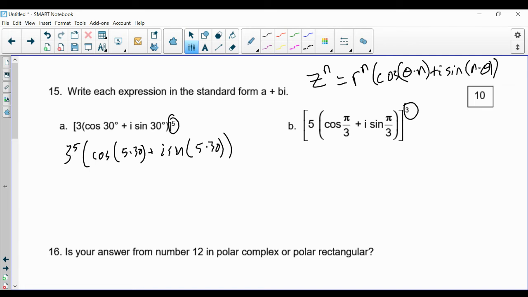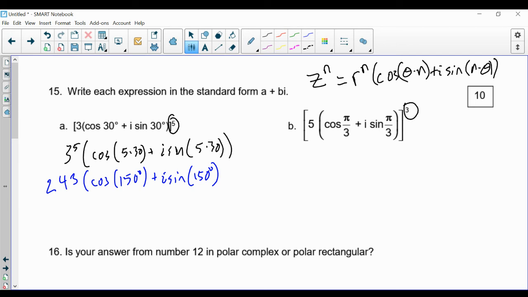So 3 to the 5th, just if you need to, do 3 times 3 and then 3 times 3 again. And so you get 81, and then you would multiply that by 3 to get 243. And then cosine of 5 times 30, well, 5 times 30 is 150 degrees.